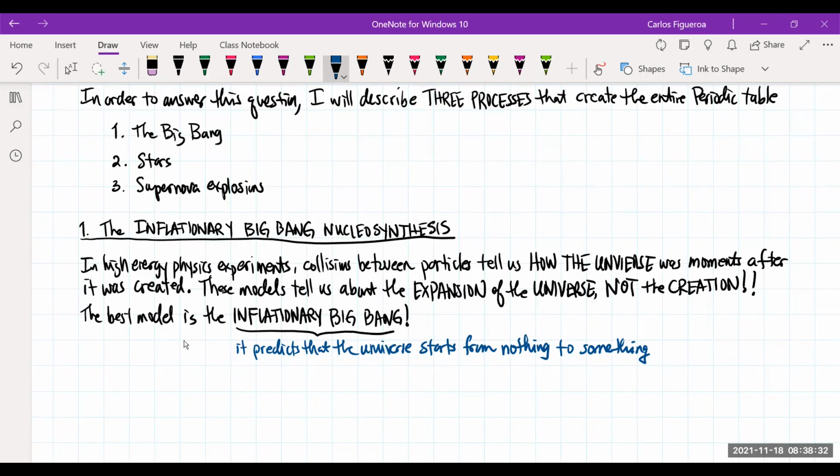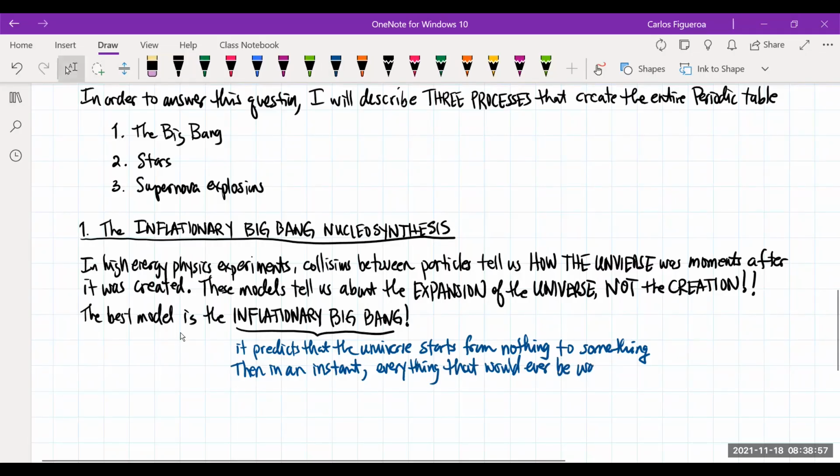That's all the details that you get. Then, in an instant, and this I completely agree with, everything that would ever be was created, all at once.